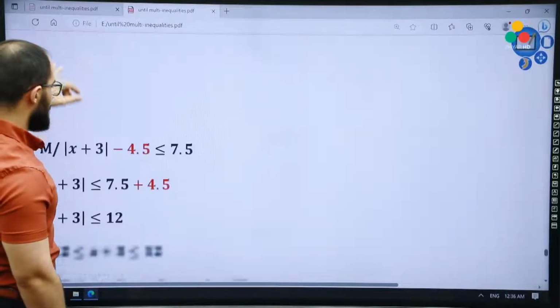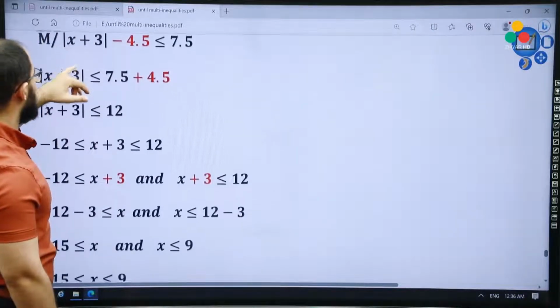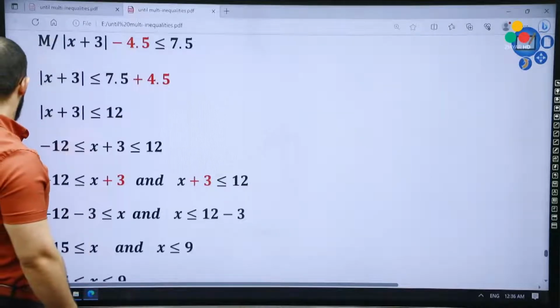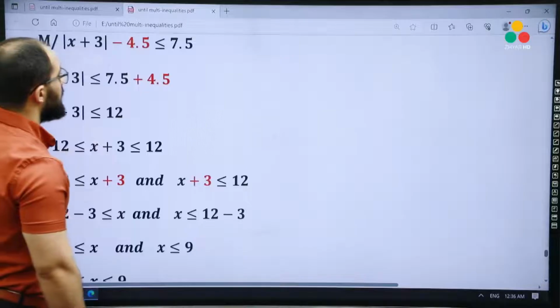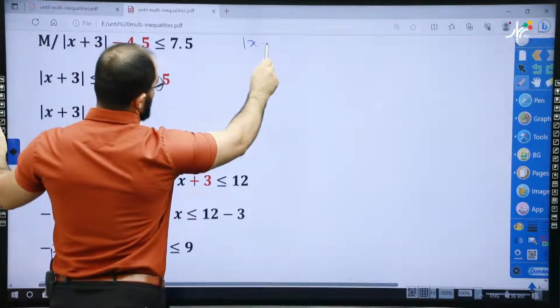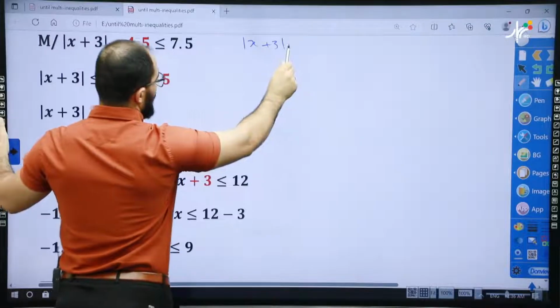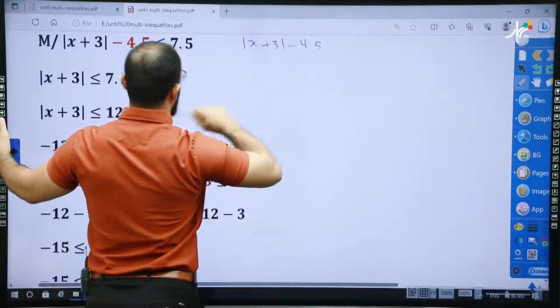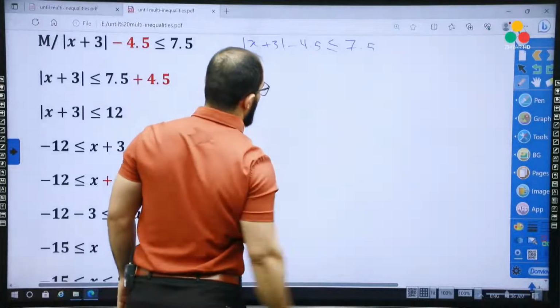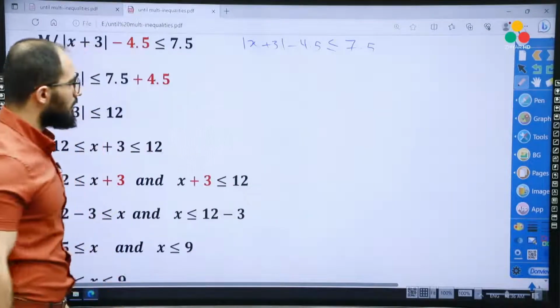Then we have another example. This example is, let's say, in the book that we have. Let's solve it. It is the absolute value of x plus 3, minus 4.5, less than or equal to 7.5.